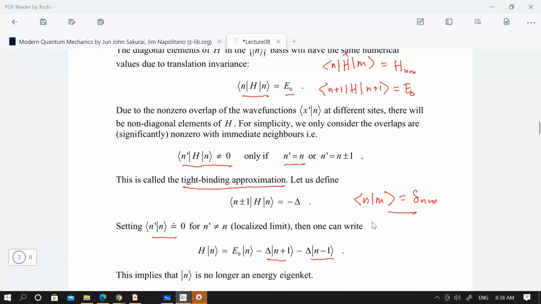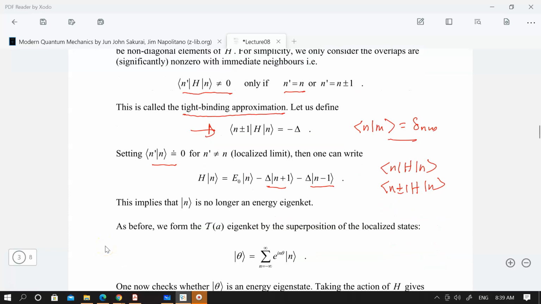You can check what happens when your elements are that, and when your elements are n plus 1 H n. Okay, so it should reproduce this one, and it should reproduce this one. Okay, so I think that settles our confusion earlier.